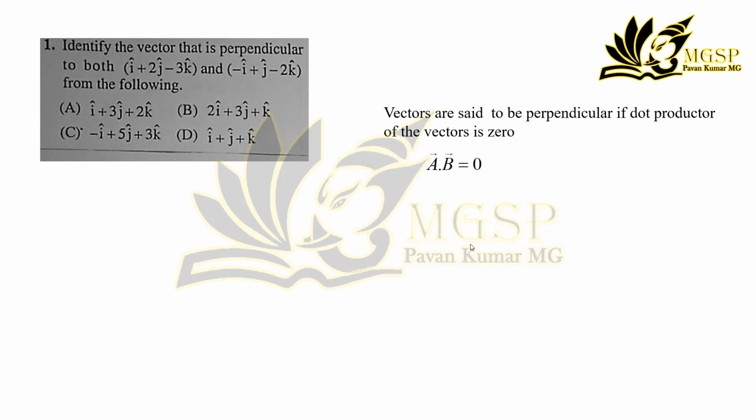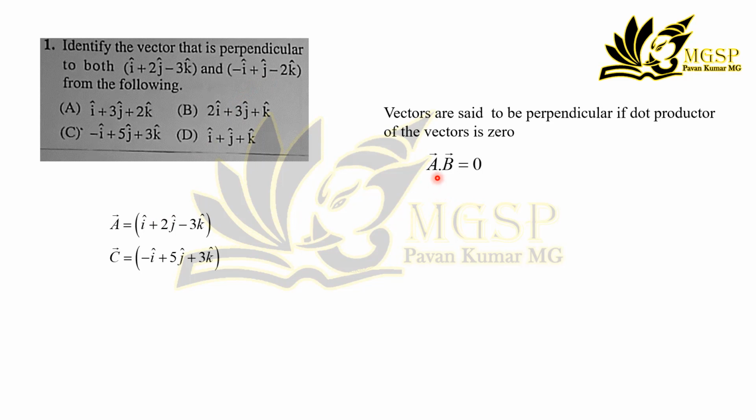Here a vector is equal to i cap plus 2j cap minus 3k cap, and I have selected option C. Let's see whether this vector is perpendicular to both vectors.